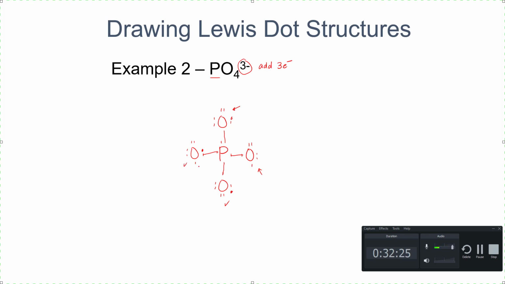And I'm going to rearrange the electrons so it looks reasonable. So let me rewrite that structure. The oxygen over here has 3 with this electron right here. Maybe I move it to that position. Then the phosphorus still has 1 unpaired. This oxygen up here has 3 lone pairs.